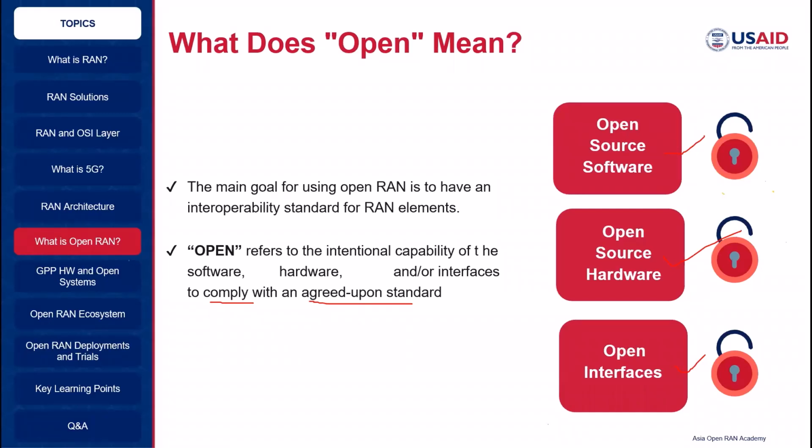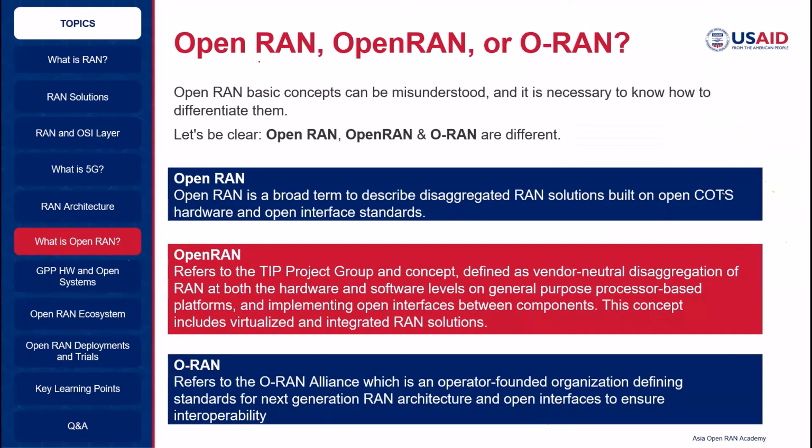When you try to read more about Open RAN, there are different terminologies that you will encounter. You will encounter three words: Open RAN with a space, OpenRAN without a space, and ORAN.